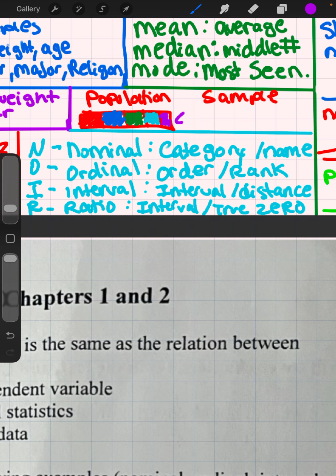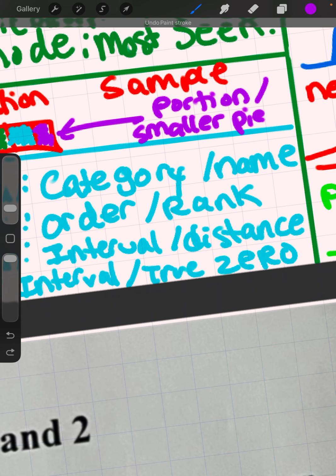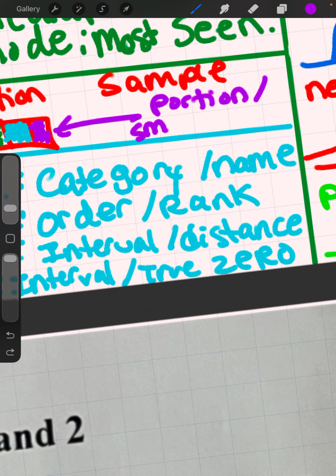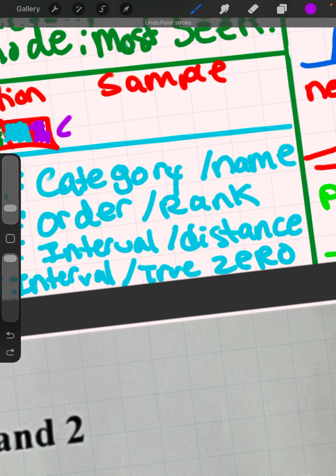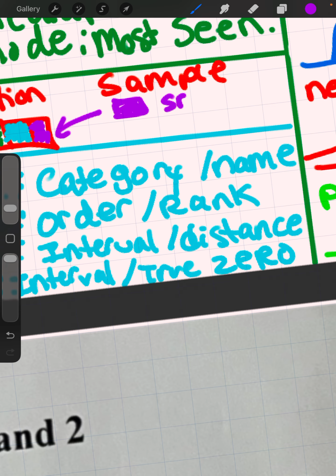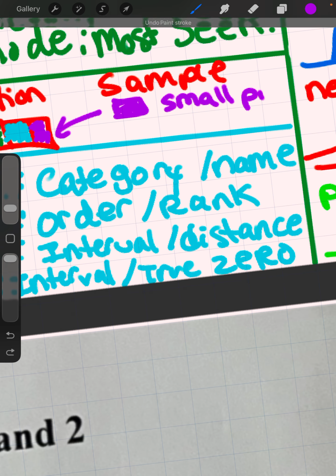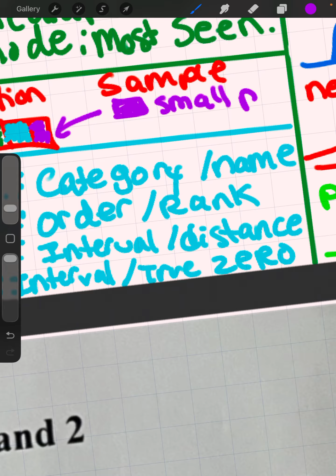A sample would be a small chunk, a portion, a smaller piece.